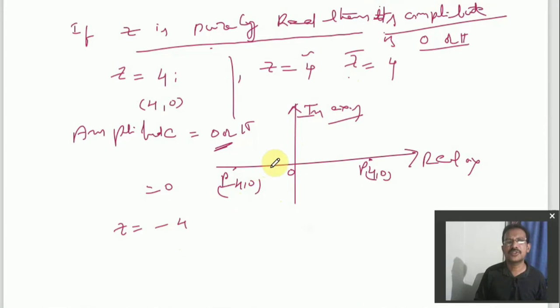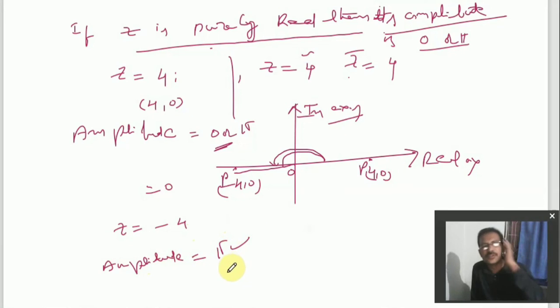So what about its amplitude? OP, this radius vector, makes an angle with respect to the real axis, and the amplitude is equal to pi. If the point is on the negative real axis, then its amplitude is pi. If it is on the positive real axis, then its amplitude will be 0.